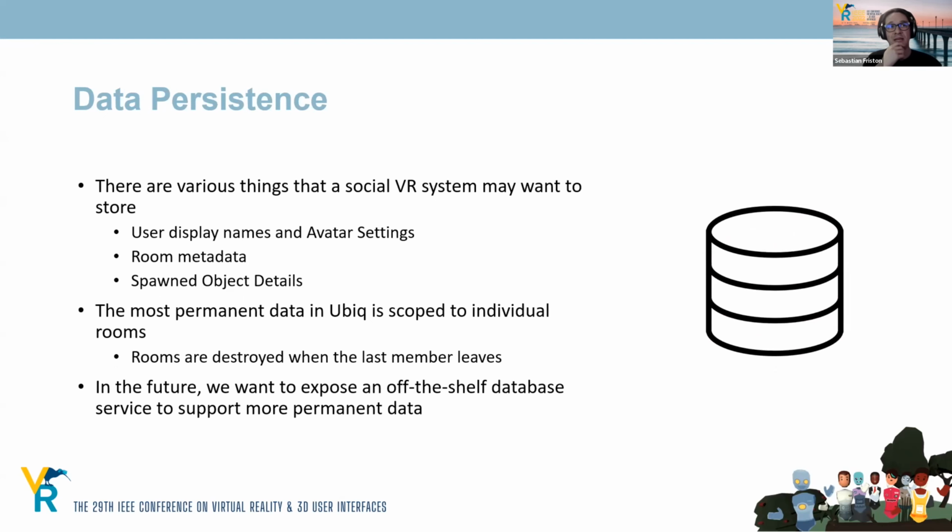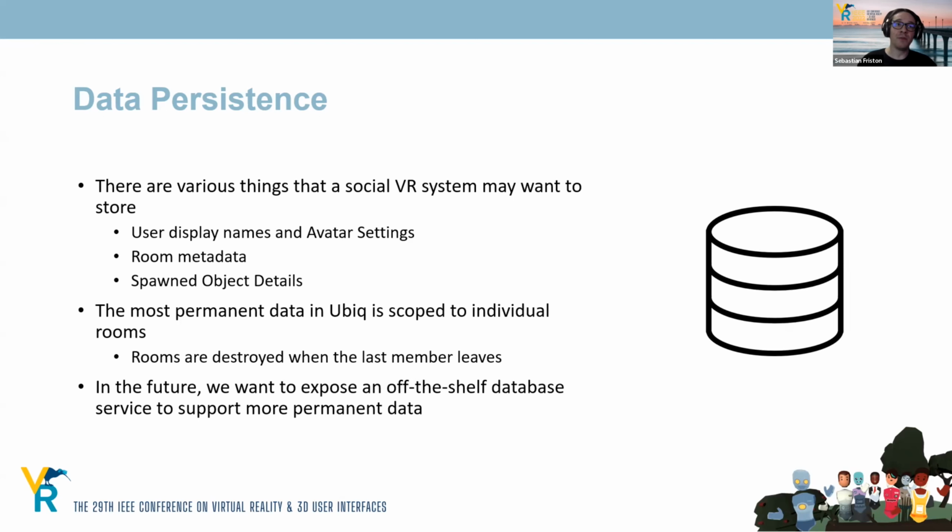So one thing I expect we might get a few questions about as well is data persistence. There are a few things in a social VR system that you can imagine should be stored semi-permanently. Things like user details, like usernames, avatar skins, and so forth. Say spawned object locations or other properties, room metadata, that sort of thing.